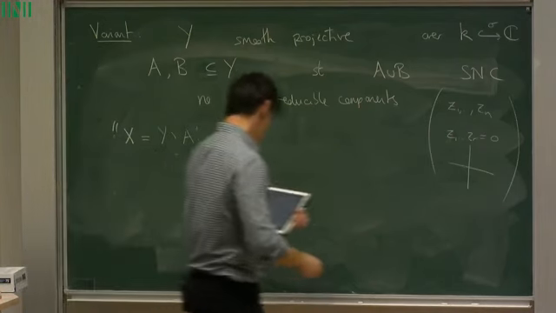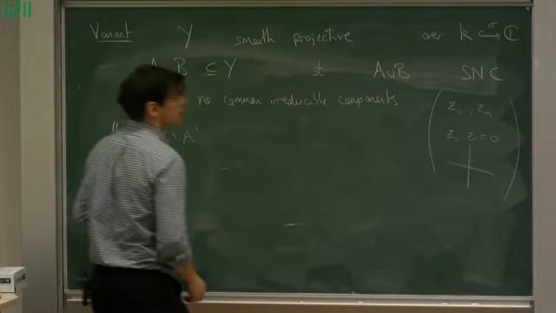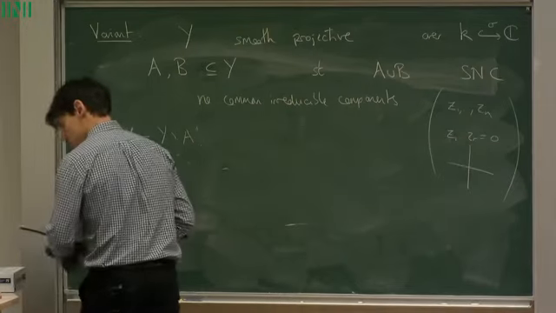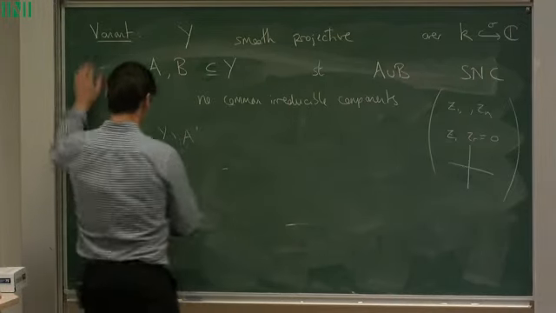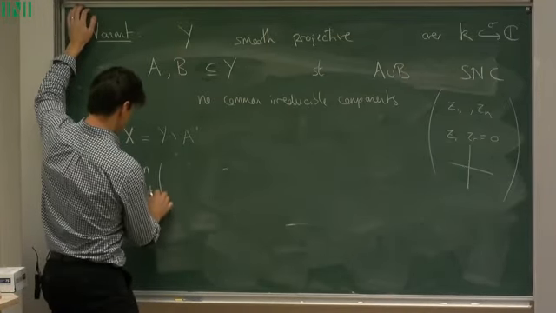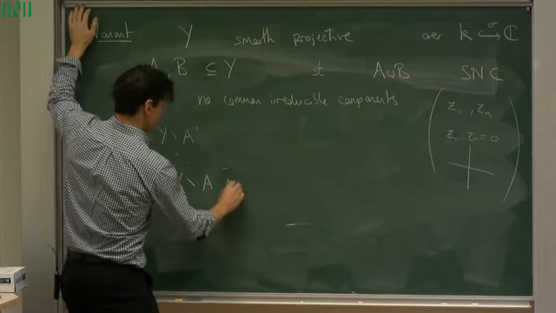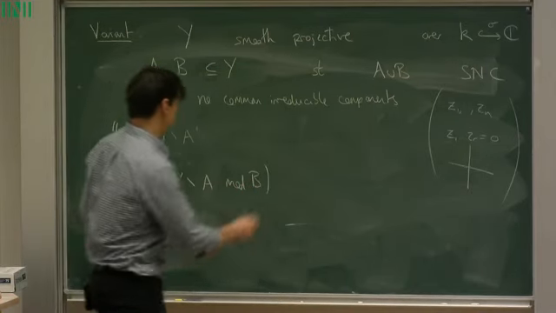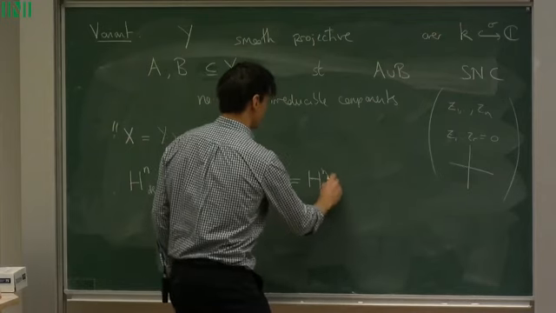Okay, so the reason we do this is because I now want to consider relative cohomology. So I'm going to use a slightly non-standard notation. H^n de Rham of Y minus A mod B, which is not a great notation, but this is going to be the algebraic de Rham cohomology.